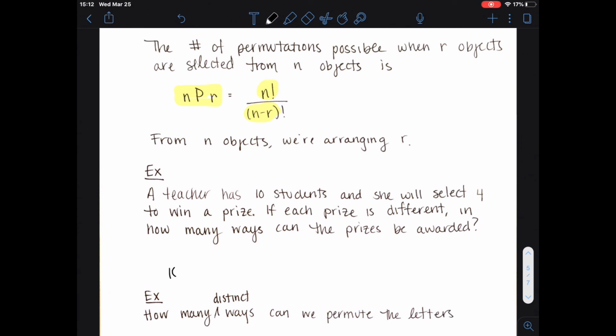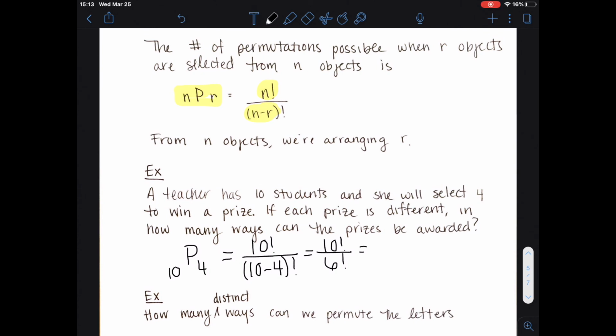So from 10 students, we're going to see what's the number of ways we can permute 4 of them. So I'm going to pick 4 of them to get a prize. So this would be 10 factorial over 10 minus 4 factorial. So it's 10 factorial over 6 factorial.